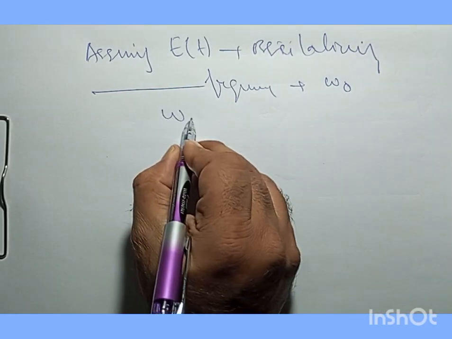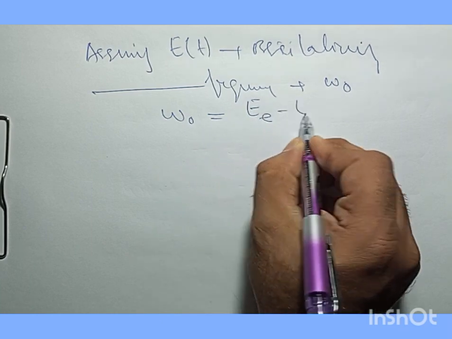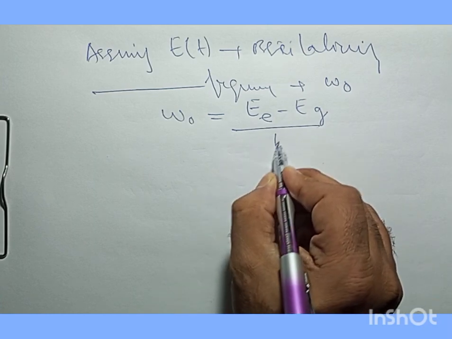And this omega naught is nothing but E excited minus E ground divided by h bar.